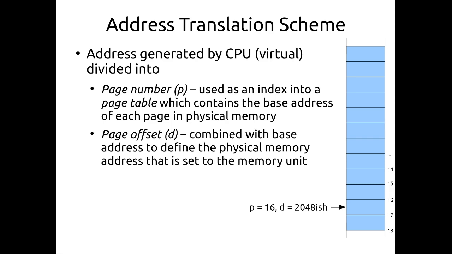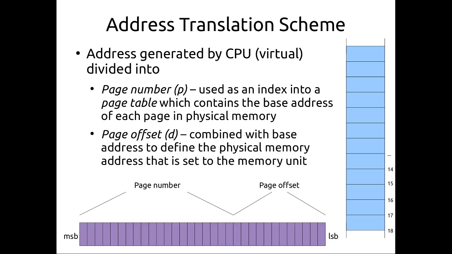So for instance, if we access a pointer that happens to have a P of 16 and a D of 2048, what that effectively means is that we are accessing the page at index 16 with an offset of around 2048 into that page, as indicated by the arrow, right?